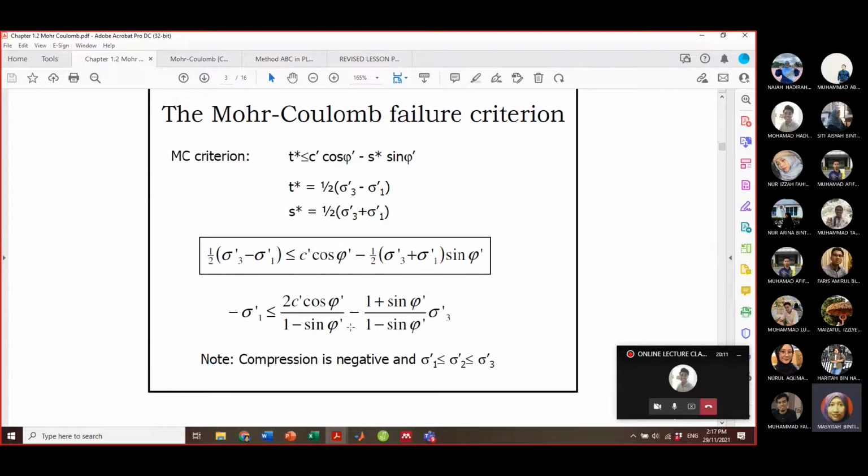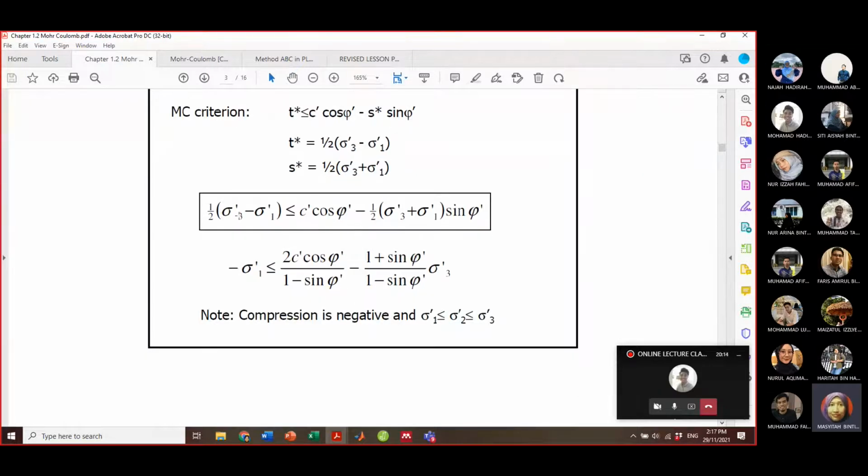So when you come back to here using the major and minor principal stress, you derive the exact equation that relates the effective major principal stress and minor principal stress, by taking directly from this one and rearranging the equation. This is what you may have. So negative represents the samples in the compression mode.